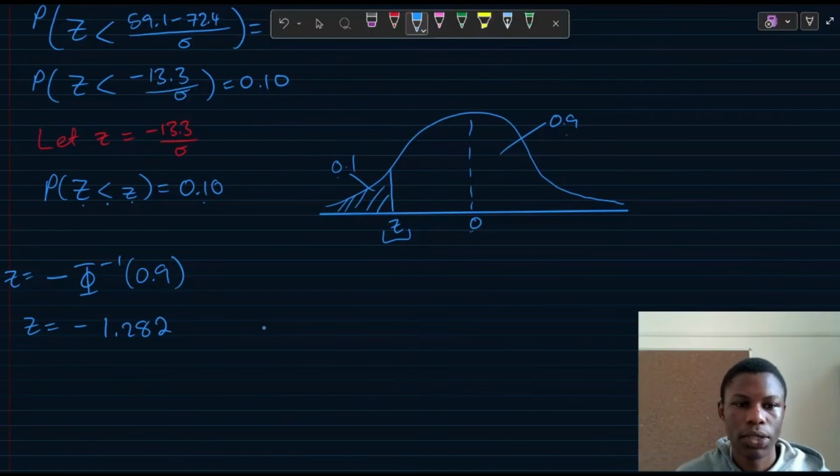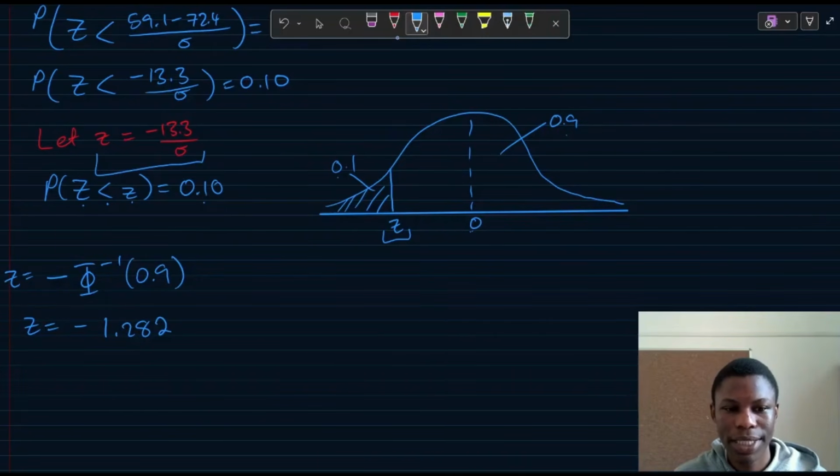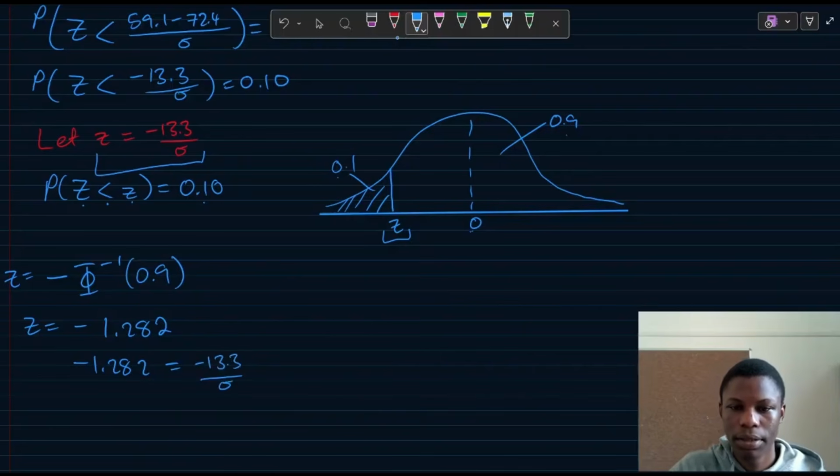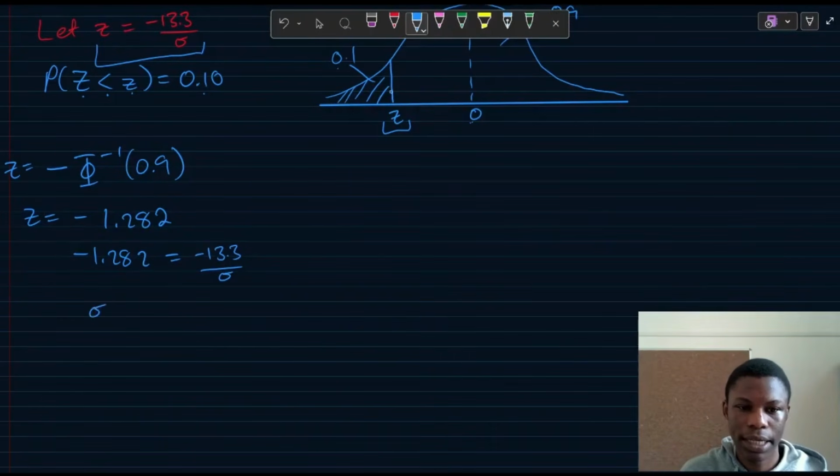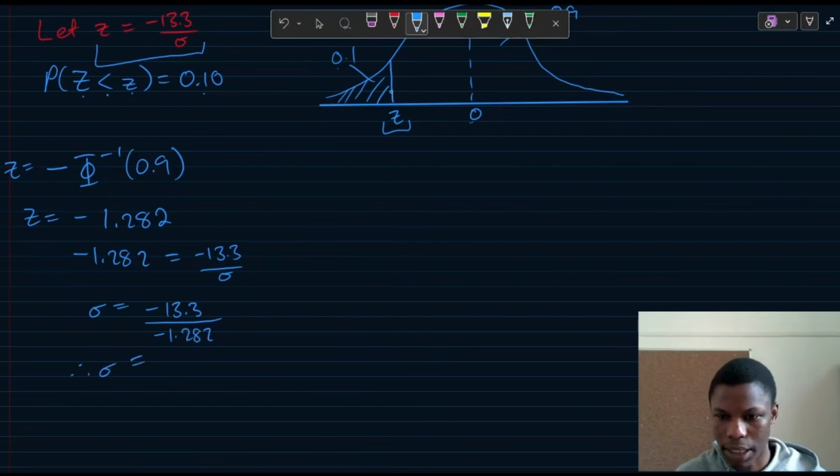Remember earlier we said z is equal to negative 13.3 over sigma. This means that negative 1.282 has to be equal to negative 13.3 over sigma. And so sigma has to be negative 13.3 divided by negative 1.282, which is 13.3 over 1.282, which is 10.42 to 3 significant figures. And that's our final answer.